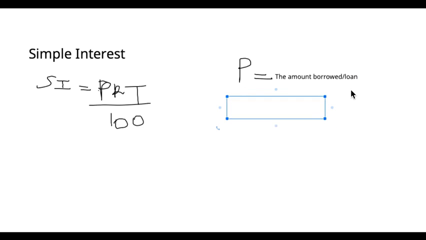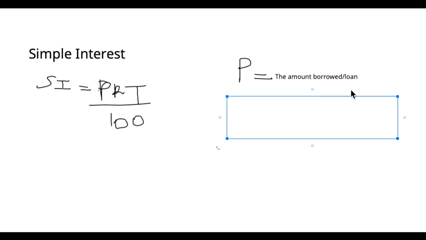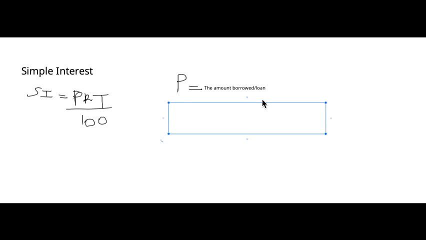R. P. In parentheses on the side of P, I want you to put principal there, please. It's spelled like the principal of a school. Okay, so PRT.